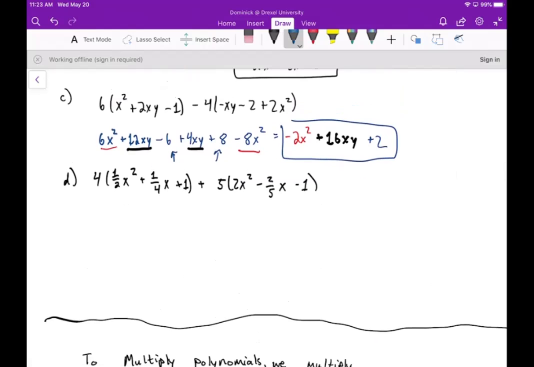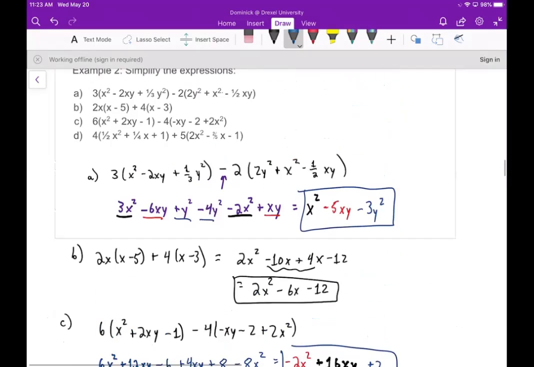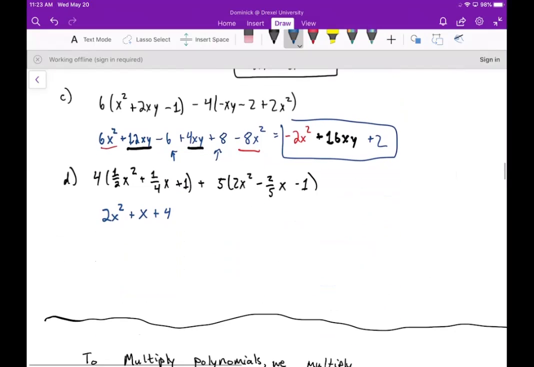So we can distribute just like we did before. 4 times 1/2 is 2. And then 4 times 1/4 is just 1. So we're just going to be left with x. And then 4 times 1 is, of course, 4. All right, I think this was, oh no, that is also plus again. Okay, so we get a plus 10x squared. And then the 5s will cancel out in this next one. We'll be left with negative 2x and then a minus 5.